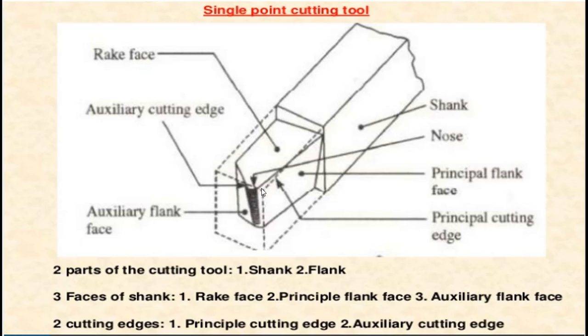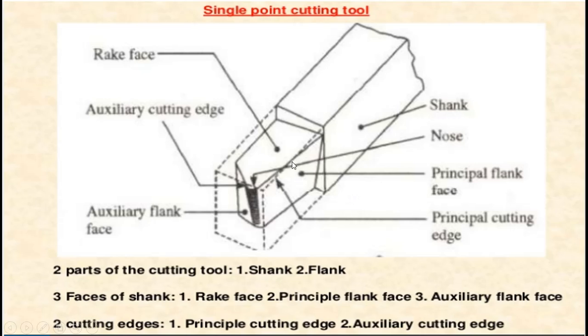Next, we have the face. The top surface of the tool along which chips slide is called the face. When this cutting edge is brought in contact with the workpiece and chips are removed, the chip will initially be in contact with this face and will flow over it. That is the rake face. Next, we have the base.